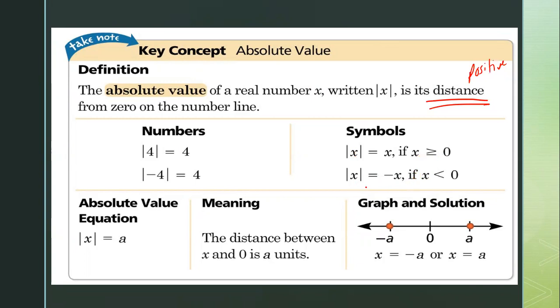And if the absolute value of x equals -x, that's if x is less than 0. The absolute value equation simply is saying that you have an absolute value equal to a. With the absolute value equation, that means it splits into two possible problems. It splits into x equals a positive a and x equals a negative a.